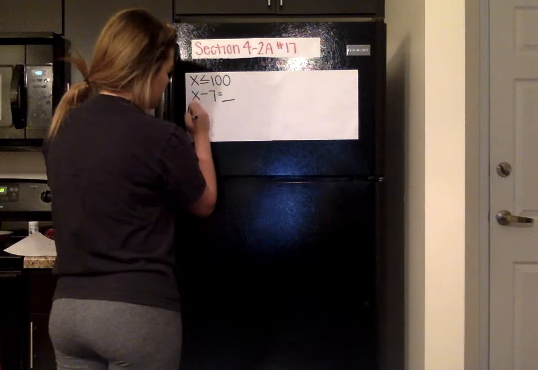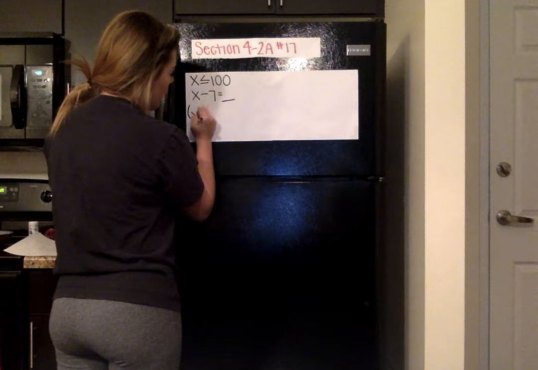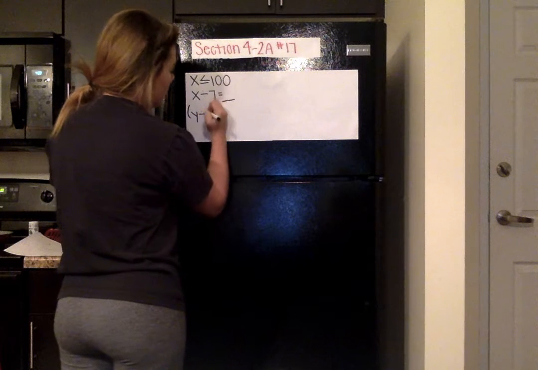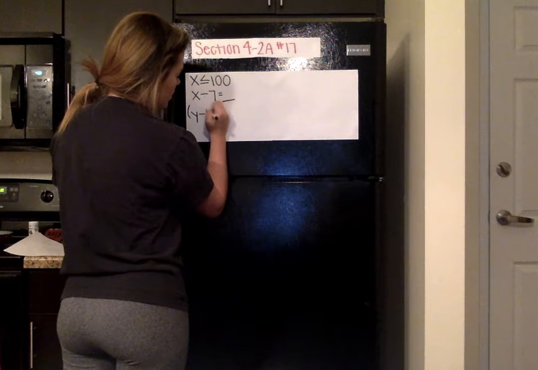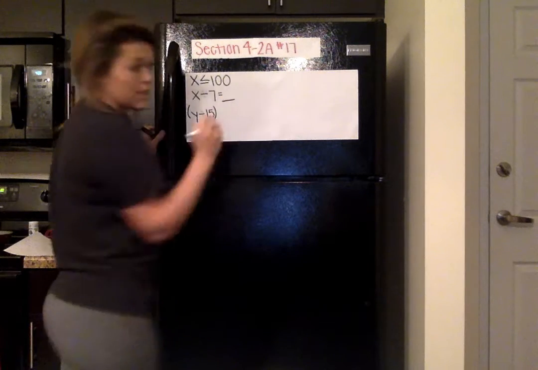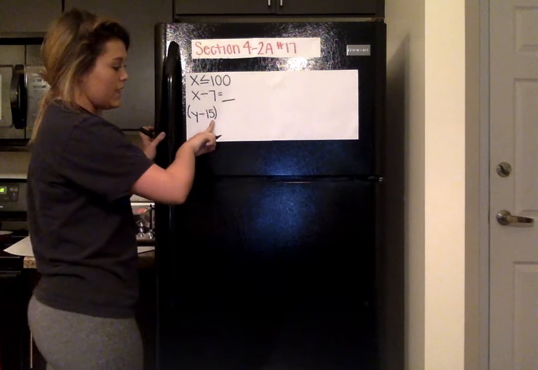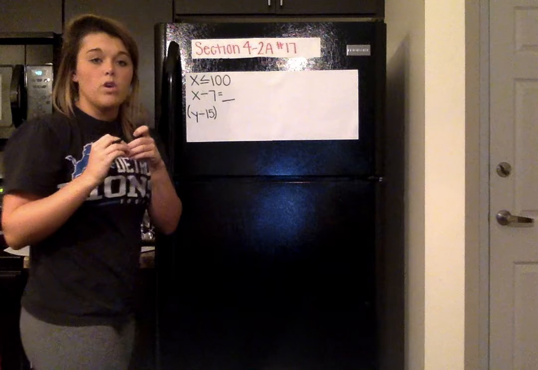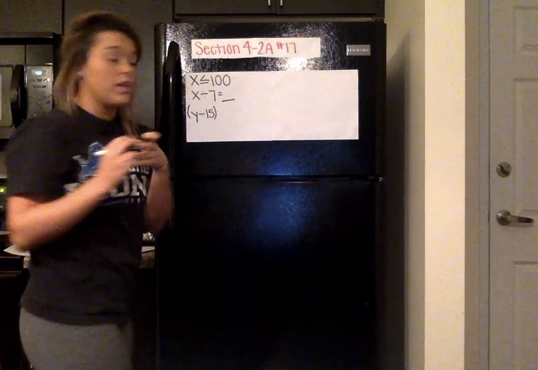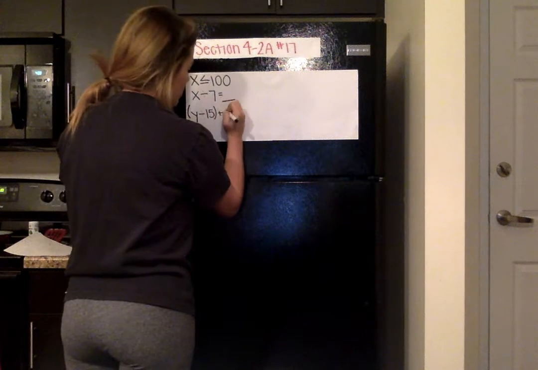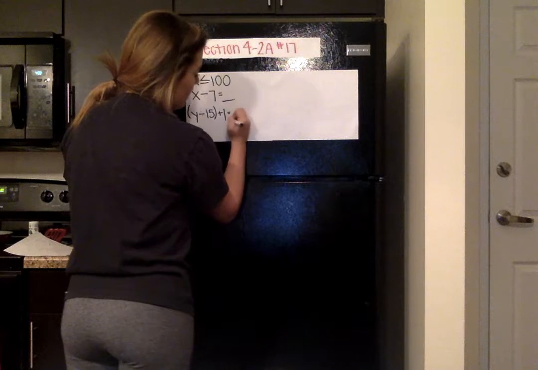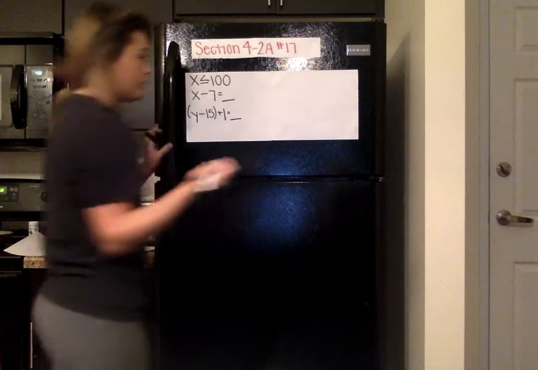So I'm going to put this in parentheses: Y divided by 15. Again, our 3 times our 5 is going to give us this 15. And then there's always 1 left over, so we're going to add 1 to this equation.